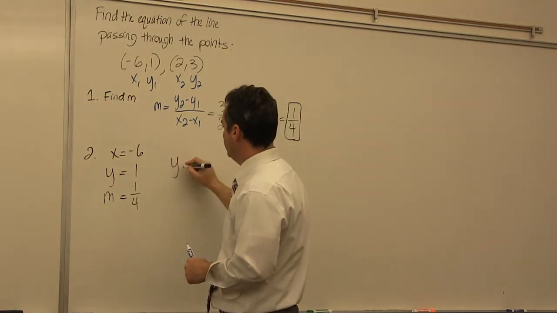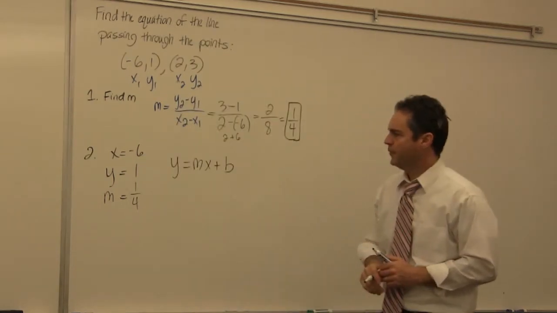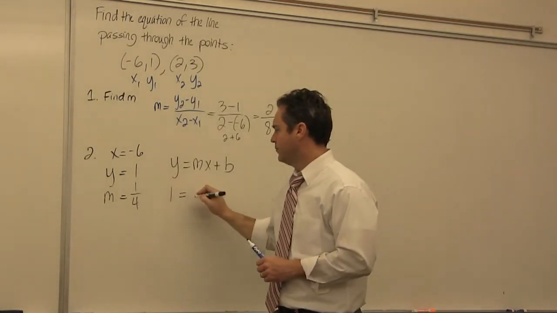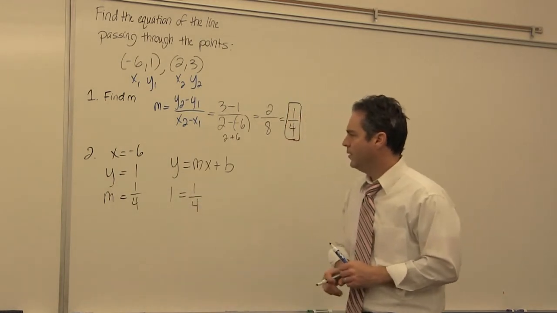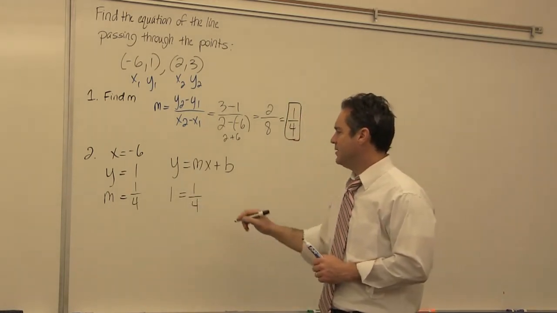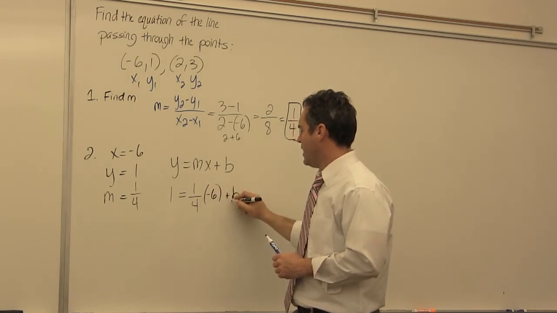And we're going to plug these into the equation y equals mx plus b. Y is 1, m is 1/4, x is negative 6, and then we are adding b.